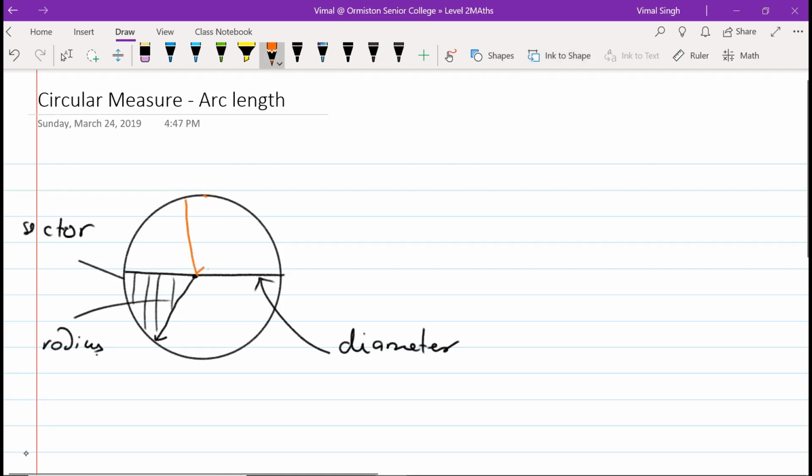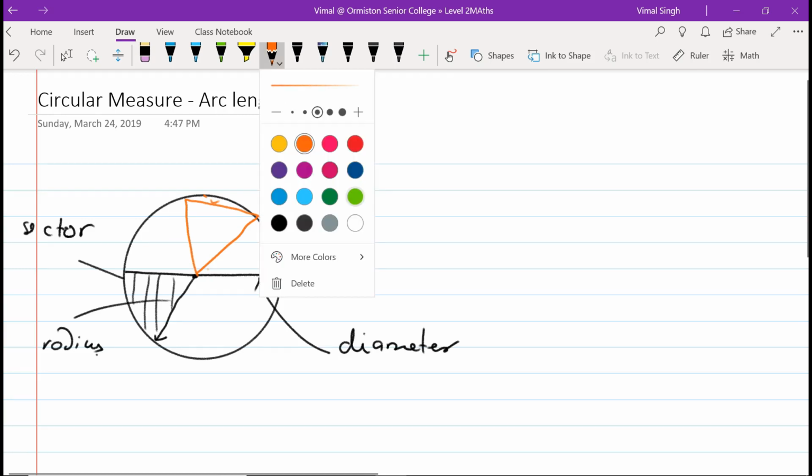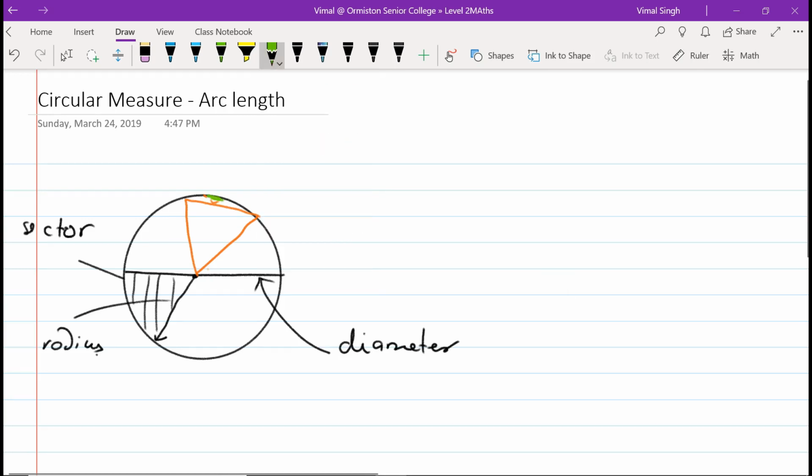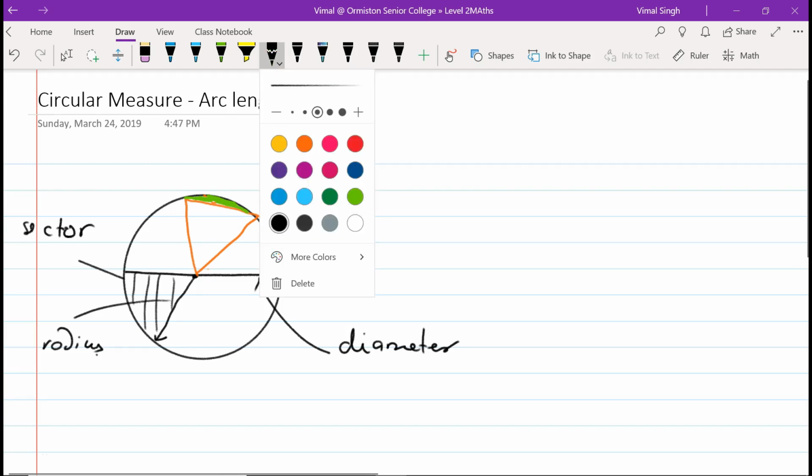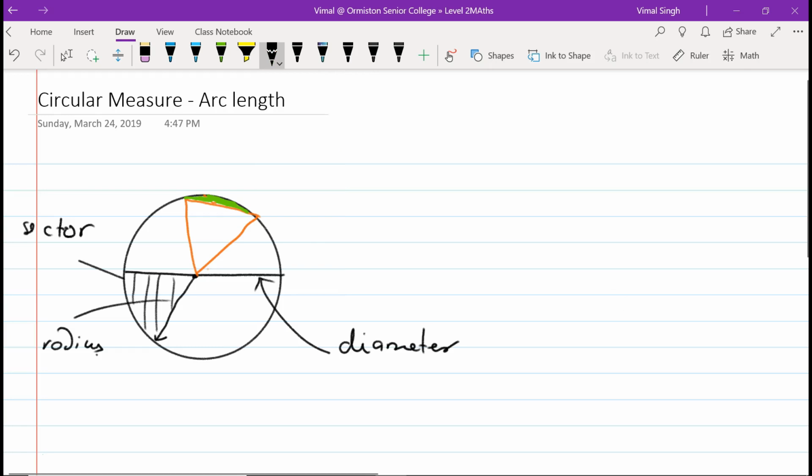If I did a line like that, this line, put label. The one that is shaded, that bit over there, the region that is shaded in green is called a segment.